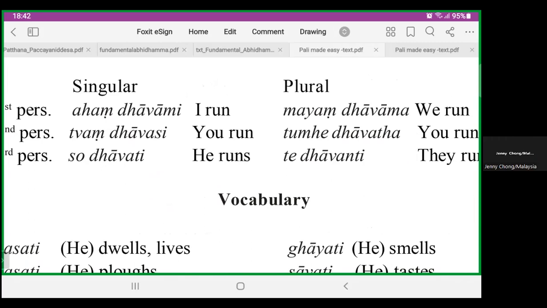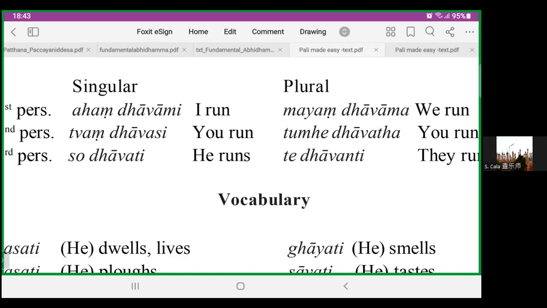Bante Mande, please recite. Mande, are you here? Hello. Yes, hello, can you hear me? Yes. Okay. Dawati, te dawanti, tuam dawasi, tumhe dawata, aham dawami, mayam dawama.